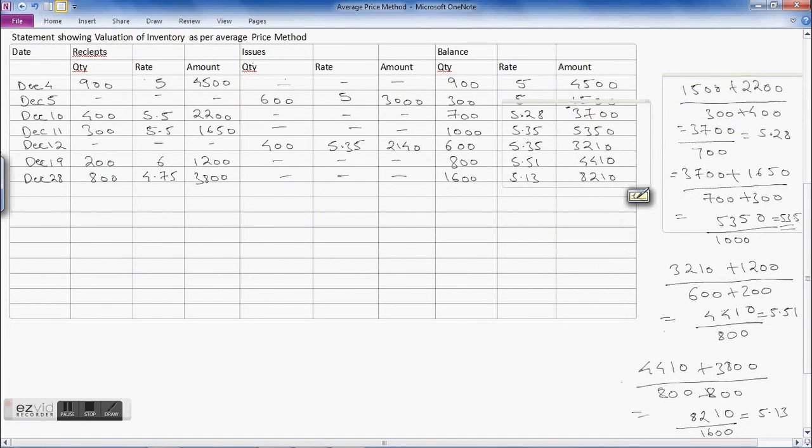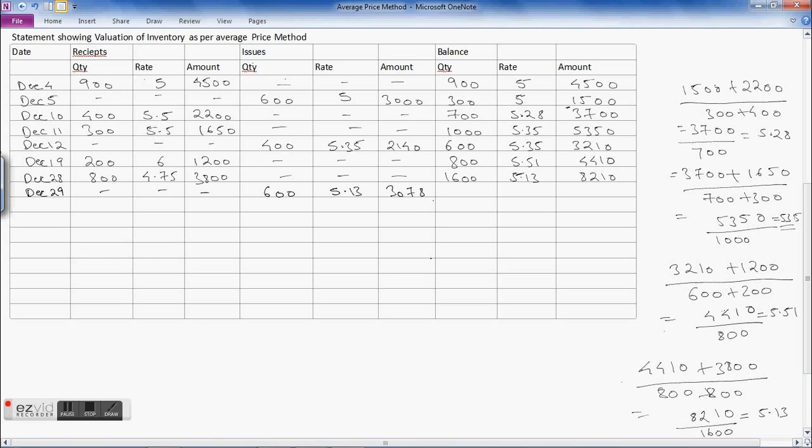Now the next transaction, December 29, there is issue of 600. The rate will be 5.13 as we have taken earlier. So 600 into 5.13, it is 3078. There may be some rounding differences.